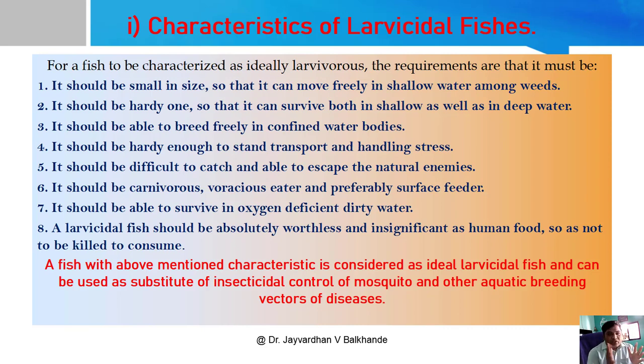A fish with these characteristics is considered an ideal larvicidal fish and can be used as a substitute for insecticides in the control of mosquitoes and other aquatic breeding vectors of diseases.